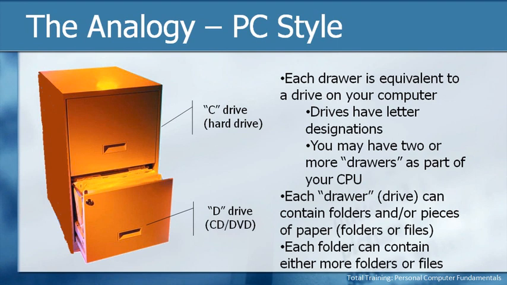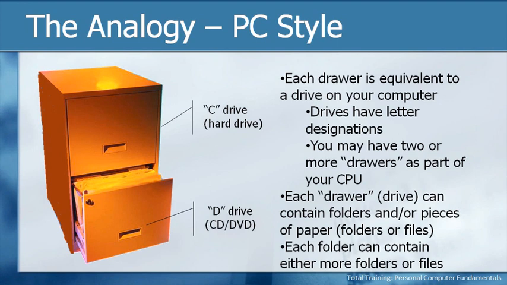And an accordion file not only can contain individual pieces of paper, but it also could contain manila folders. This is the hierarchy that we get into with our computer. Our C drive, our hard drive, can contain folders, and those folders can contain files. But a folder can also contain something called a subfolder. Subfolders can contain, once again, either folders or files, so you kind of see how this is going.